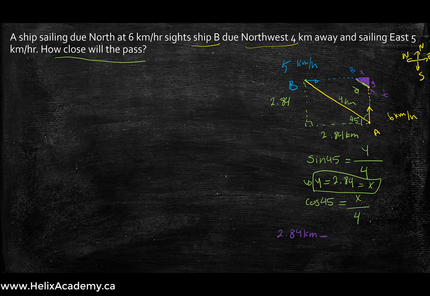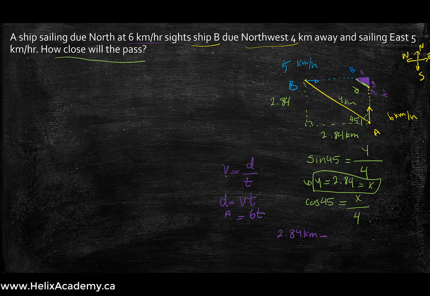Since there's a relationship between velocity, distance, and time, and since I have the velocity and I have the time here, the distance that ship A has traveled is going to be v times t. And since the velocity of my ship A is 6 kilometers an hour, I'm going to have an equation for my dA equal to 6t.